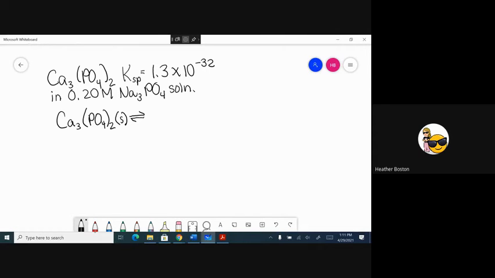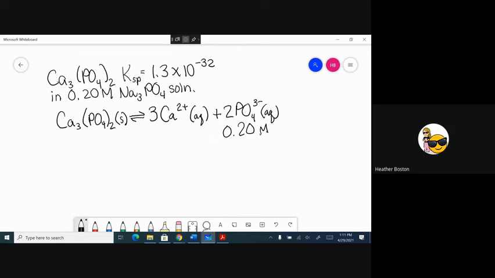That means that for every 1 piece of calcium phosphate that dissolves, I'm going to get 3 calcium ions and 2 phosphate ions. This time my common ion is phosphate, so I'm going to have some phosphate floating around. In this case, every 1 piece of sodium phosphate that dissolves gives me 1 phosphate ion.